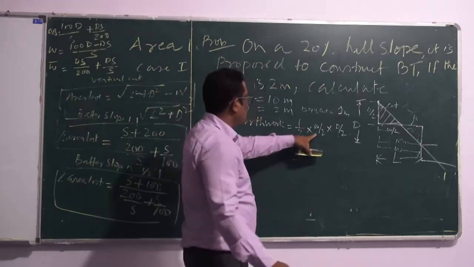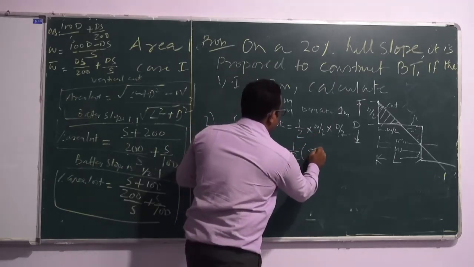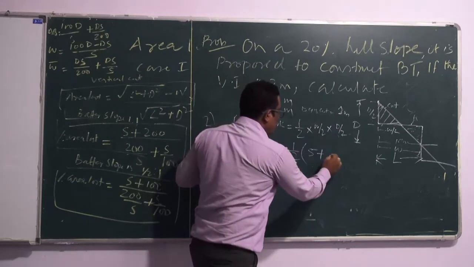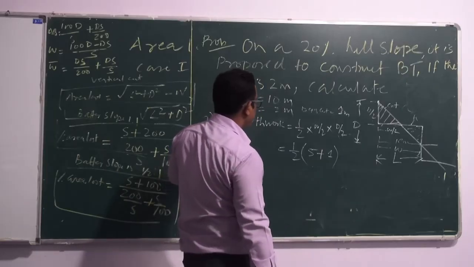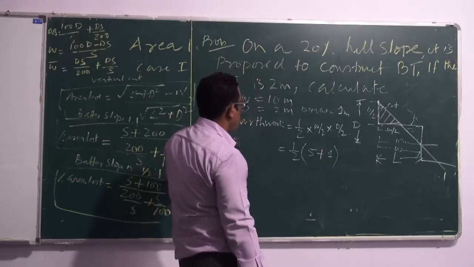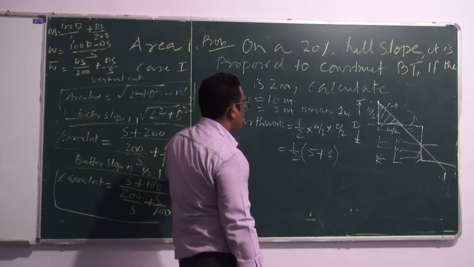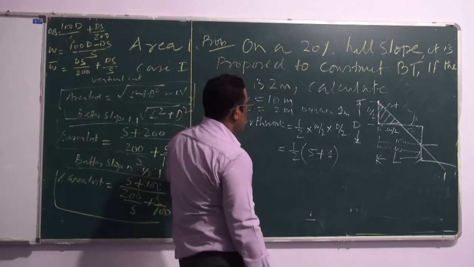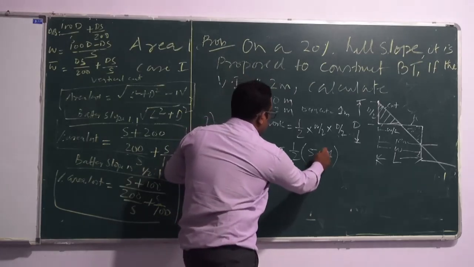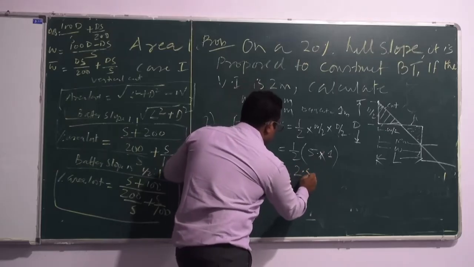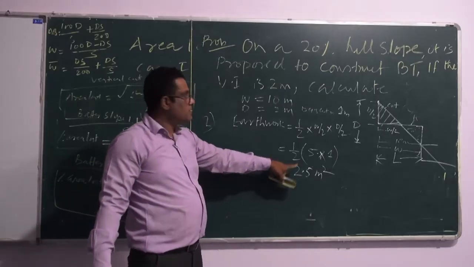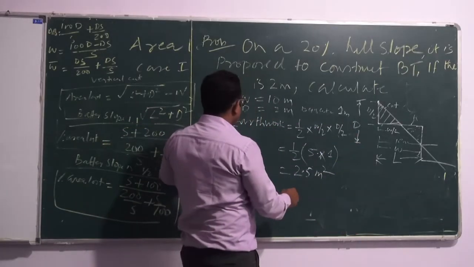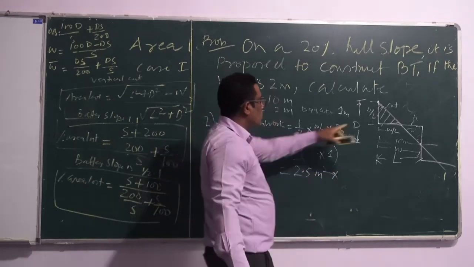Half into W is 10, that is 5, into D by 2, which is 1. So this will be 2.5 square meters. This is the cross-sectional area of this shape.